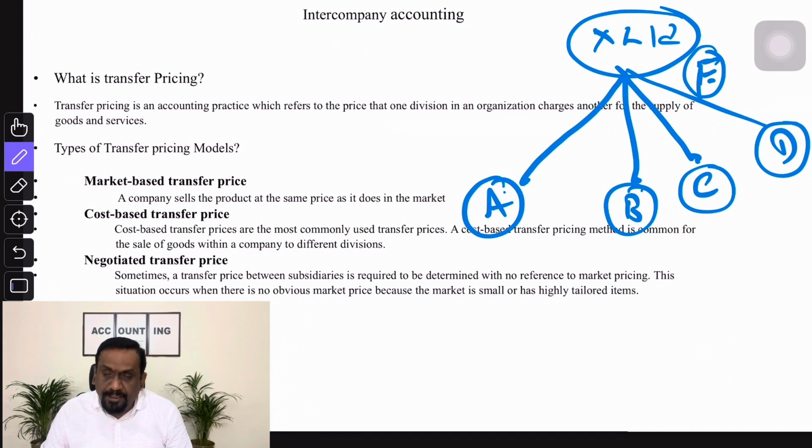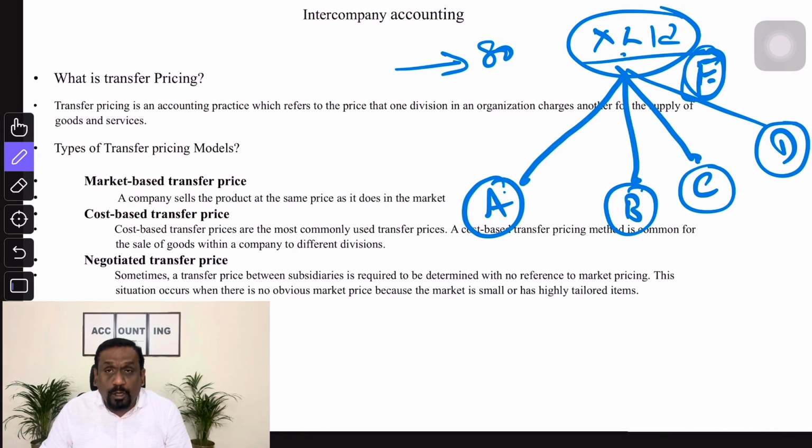Let us say the F product manufacturing cost is 80 rupees. X Limited spent 80 rupees for manufacturing the F product, right? So X Limited cannot send this product to A with 80 rupees, or B, C, or D with 80 rupees.